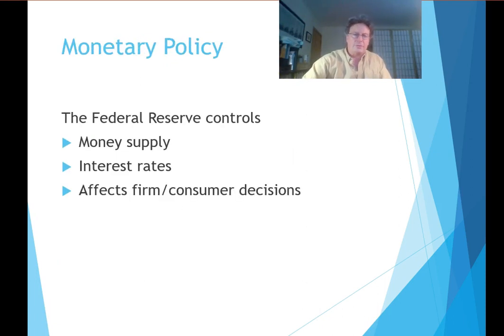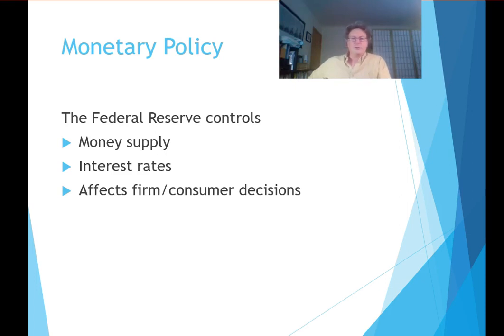So one question is, what should they focus on? It turns out they can't really do both at once. If they want to fix an interest rate, if they want to say the federal funds rate is 3%, that means they're going to have to give up some control of what the money supply is. And if they want money supply growth to be 4%, they're going to have to give up some control of interest rates. So they've got a choice right there. What should they choose?